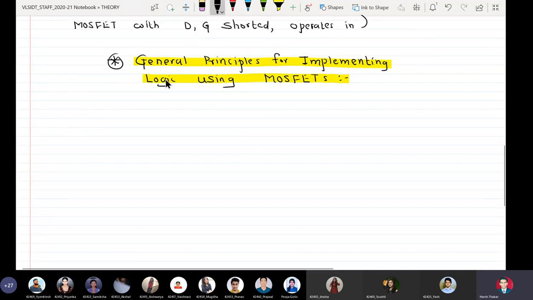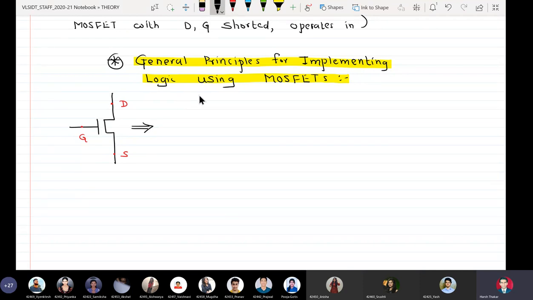So we know that this particular symbol we drew for an NMOS. Okay, so this was drain, this was source, and this was gate. Okay, so an equivalent to this is this.